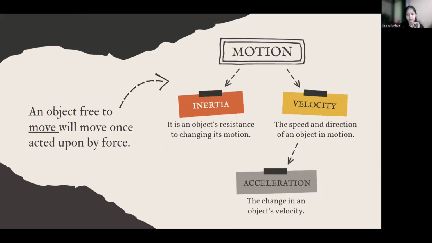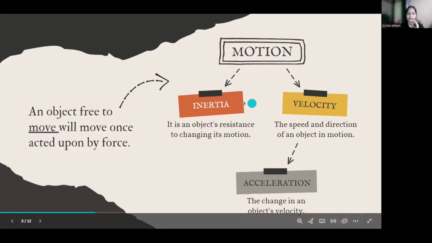Okay. Now, motion. What do you mean by motion and how does it affect the different parts, acceleration, velocity, inertia, and all that? So an object free to move will move once acted upon by a force. That is force. जब भी एक फोर्स एक्ट होगा वो ऑब्जेक्ट पे तभी वो मूव करेगा. Now, motion is being divided into two parts actually, inertia and velocity, and then velocity is divided into acceleration.